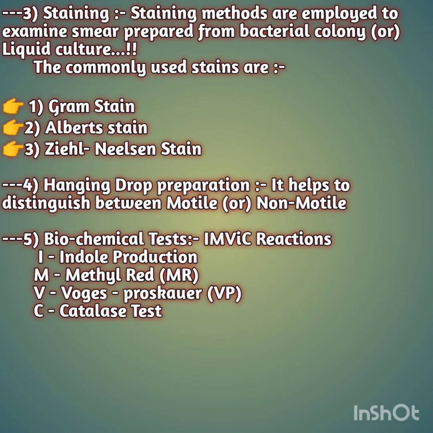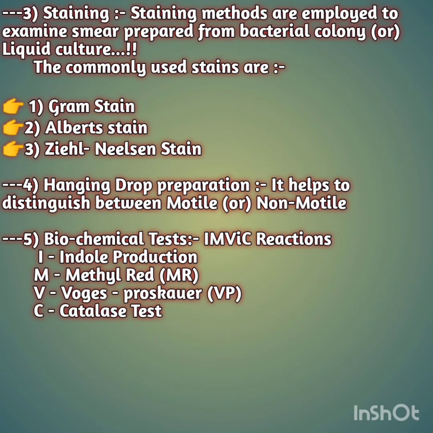Next, moving to staining. Staining methods are employed to examine smears prepared from bacterial colony or liquid culture. The main purpose of staining in microbiology is to identify the different kinds of bacteria.